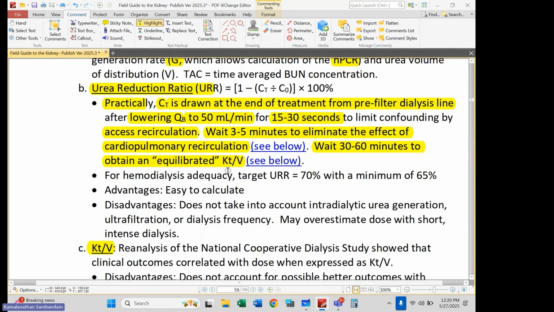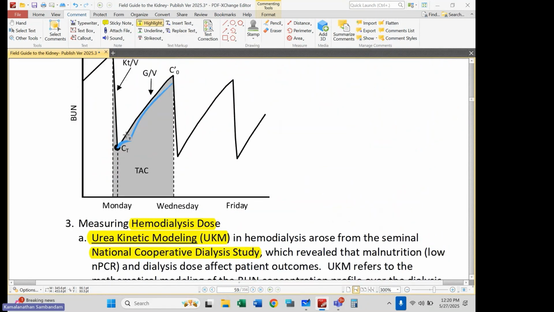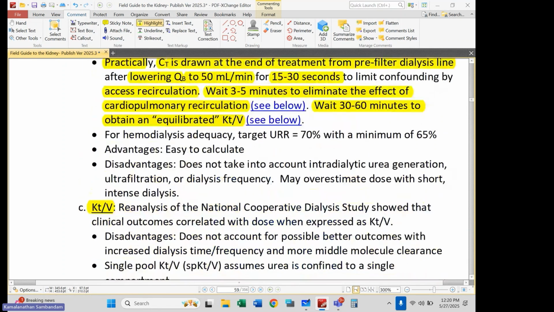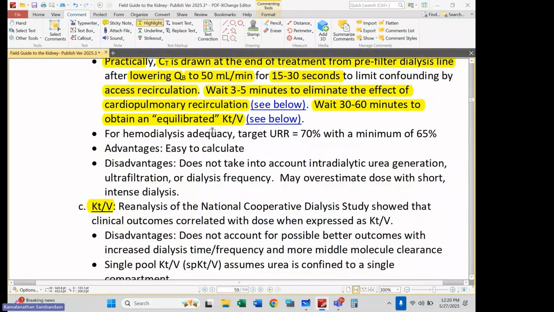In general, equilibrated KT over V, because the urea concentration increases, is going to result in a lower KT over V compared to the non-equilibrated or so-called single pool KT over V. That's another word for non-equilibrated KT over V, where you treat the urea as residing in a single pool.